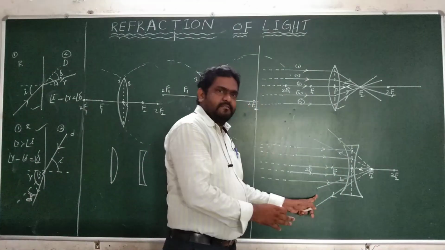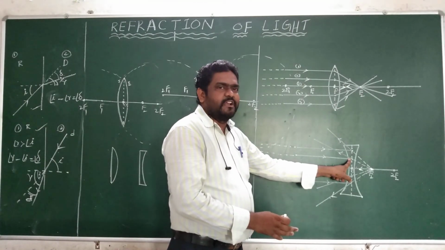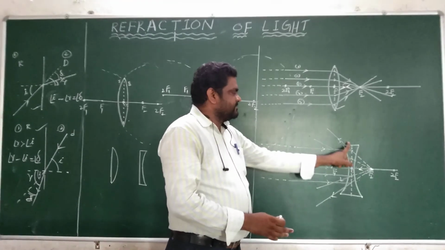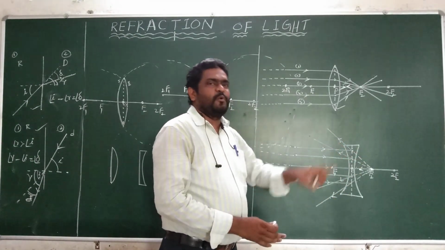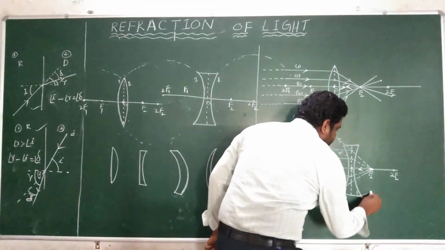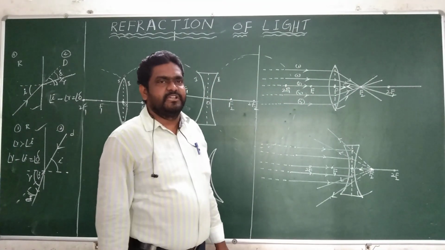In this lens, the rays are diverged, not converged to a point. After refraction, the refracted rays diverge from a point. That's why the concave lens is called a diverging lens.